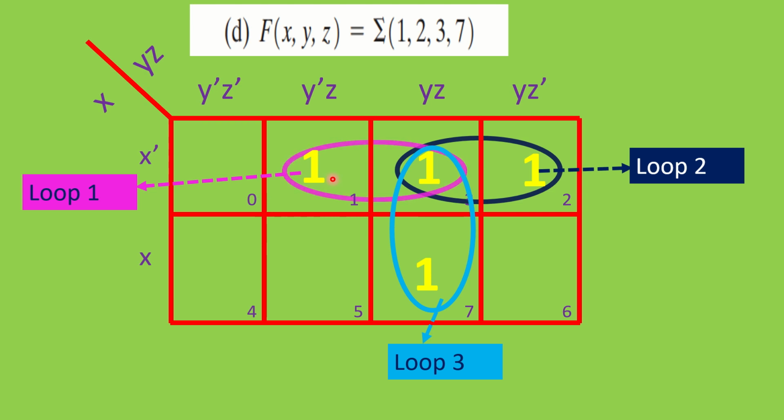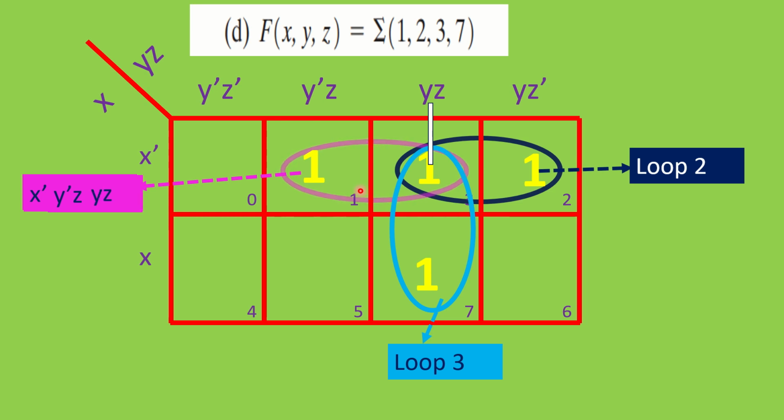Loop 1 combines the first cell and the third cell. The first cell corresponds to x' row wise. Similarly, the third cell corresponds to x', so we mark x' here. Then column wise, the first cell corresponds to y'z, so it can be marked here. And the third cell corresponds to yz column wise.